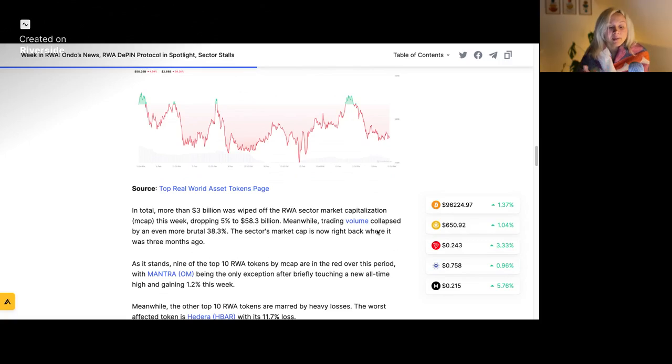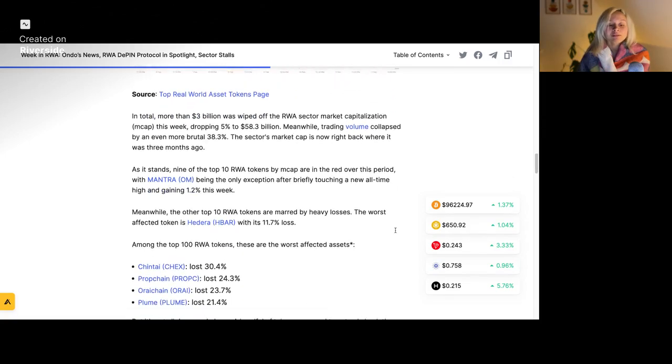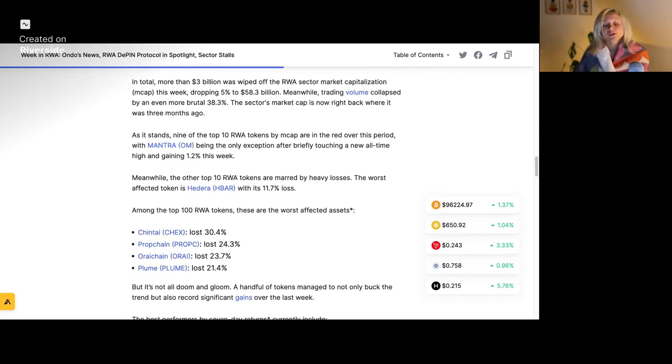In total, more than 3 billion was wiped off the RWA sector market capitalization, the MCAP, this week, dropping 5% to 58.3 billion. Meanwhile, trading volume collapsed by an even more brutal 38.3%.